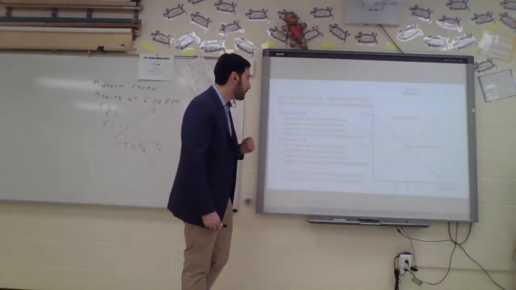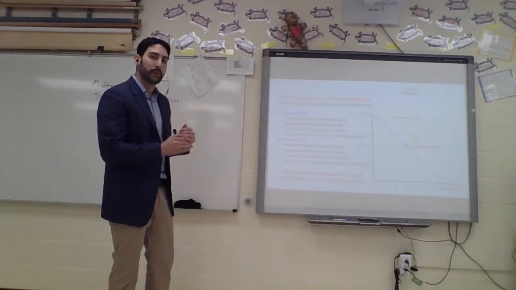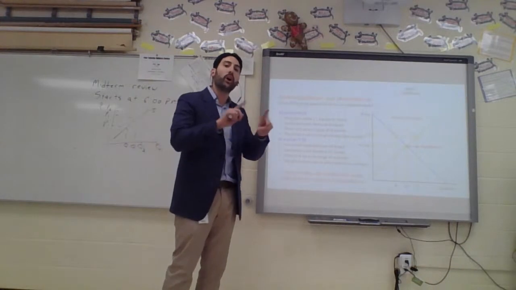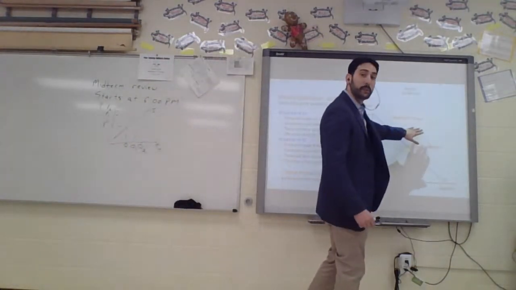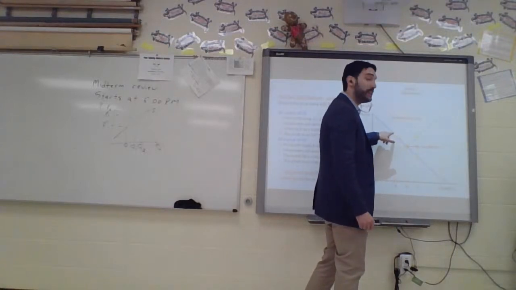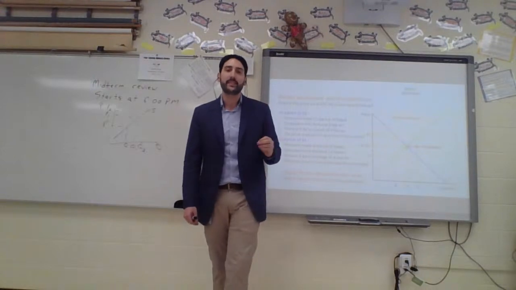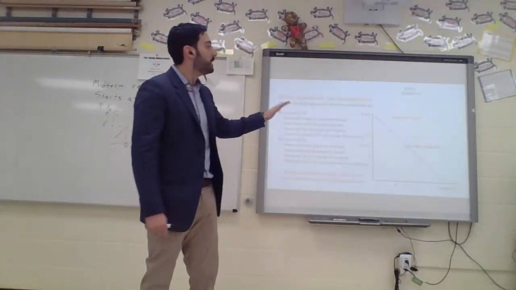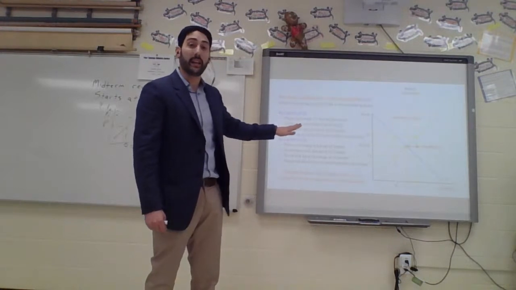Well, in this example, if we raise the price above the equilibrium price, then we move along both of our curves. So that means quantity supplied increases, quantity demanded decreases, and now what we have is what's called a disequilibrium, because now quantity supplied is greater than quantity demanded, and this is unsustainable, right?